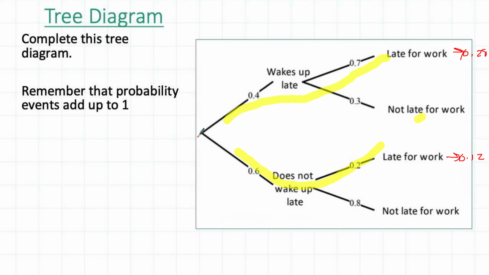So because I'm using the word or, remember or is an addition. So either I wake up late and be late to work, or I do not wake up late and be late to work. So I have to add those two options up. So 0.28 plus 0.12. That will give me the total probability of being late to work. So that's just being late to work, regardless of what happens in the beginning. Do I wake up late or do I not wake up late?